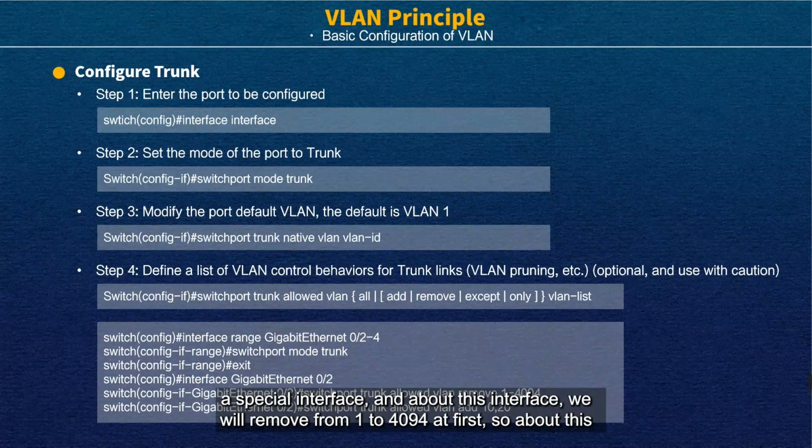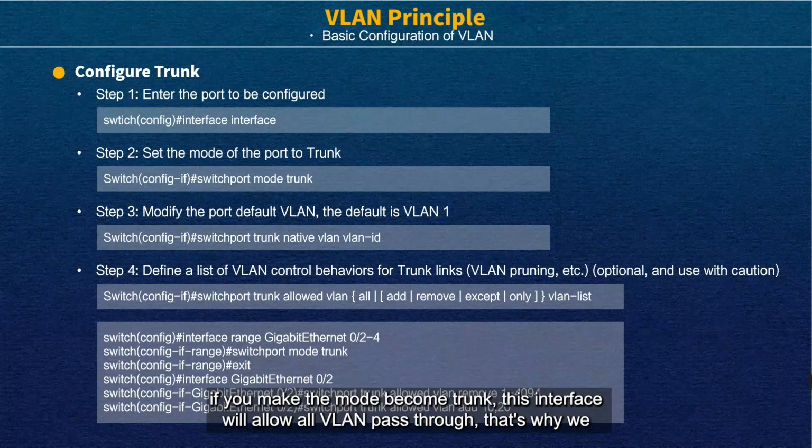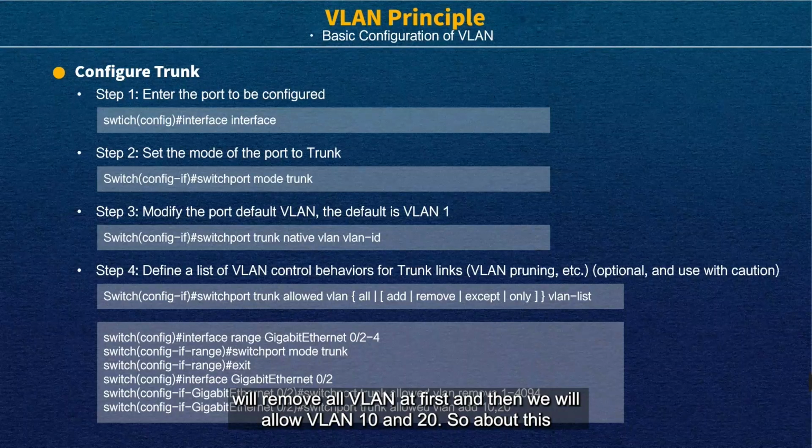Pay attention to this configuration, it depends on the real device, because some switches by default, if you make the type trunk, this interface will allow all VLANs to pass through. That's why we remove all VLANs at first, and then we allow VLAN add 10 and 20.